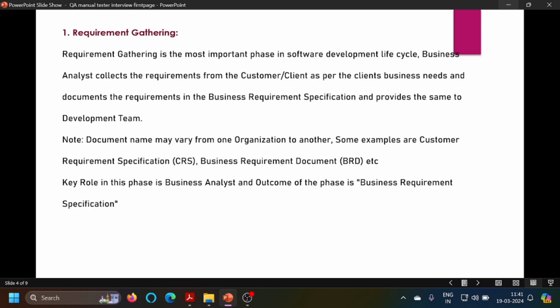Document name may vary from organization to organization. Some examples are basically customer requirement specification, business requirement specification. Okay, so basically the key role of this phase is the business analyst, and the outcome of this phase is business requirement specification or BRS.